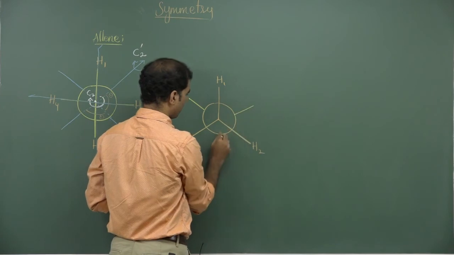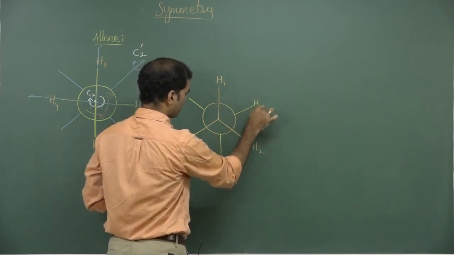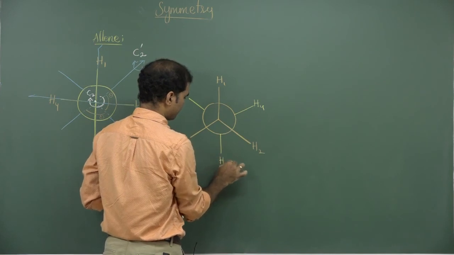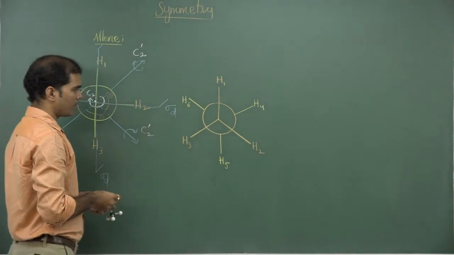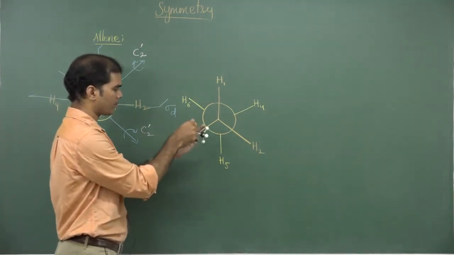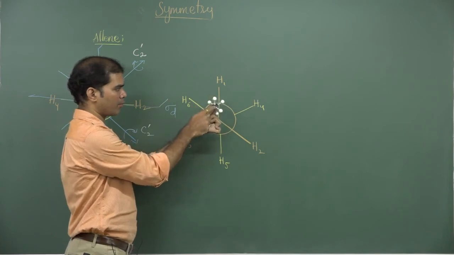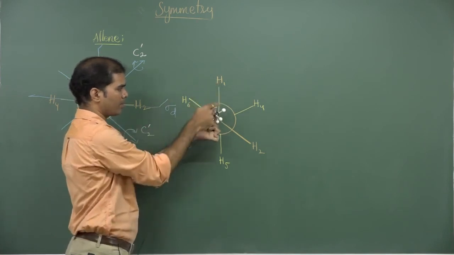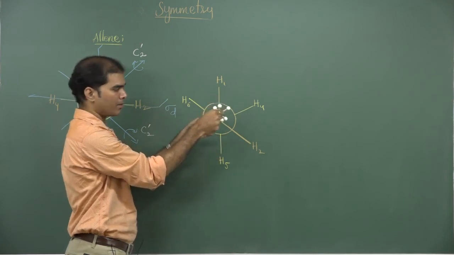Now these three hydrogens are away, that I am representing with yellow. We have two identical units. The hydrogen on the front carbon is above and this particular hydrogen below is on the rear carbon, or the back carbon.